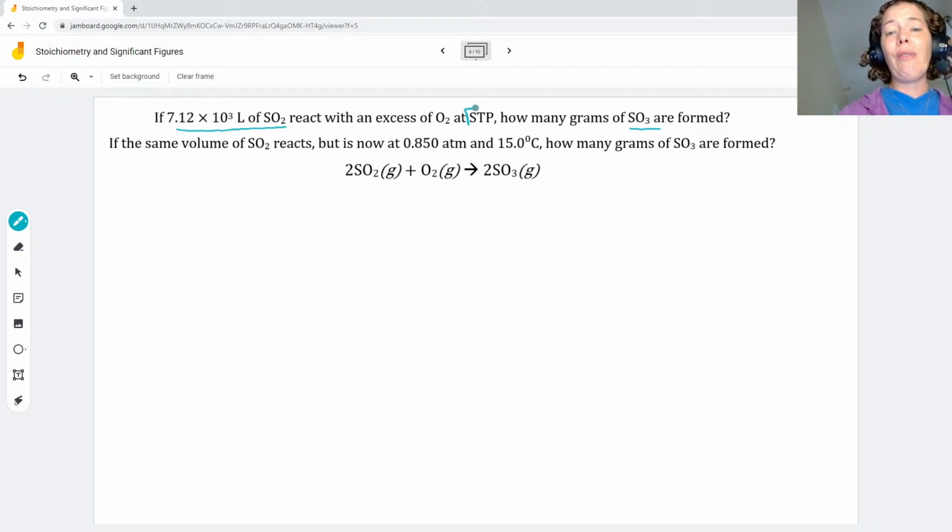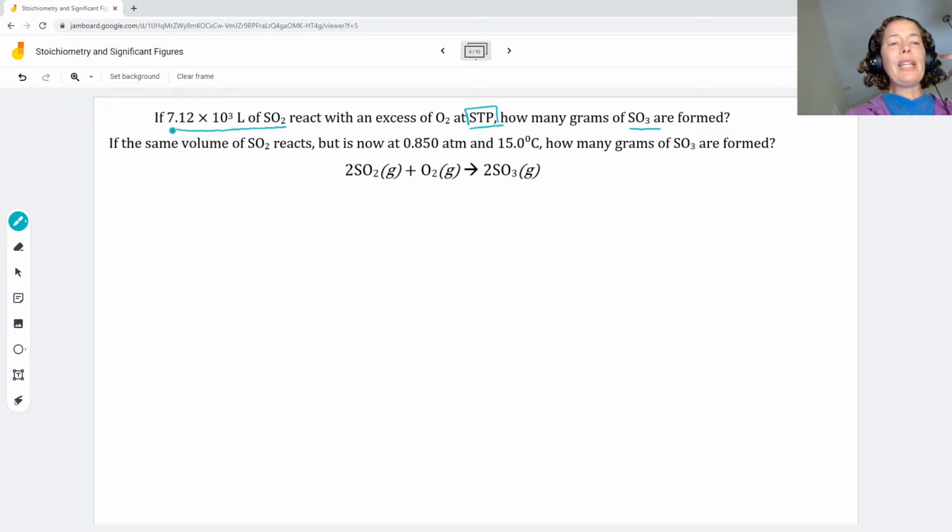And I really want to emphasize that because this is another very common problem that I see students doing when they have gases: they want to apply the molar volume to all gases at all pressures and temperatures, and you cannot do that. It is only at STP. Now, I know it's tempting because it's very easy, but you do have to be careful about that because you'll end up with the wrong answer, even though it's an easy way to get an answer.